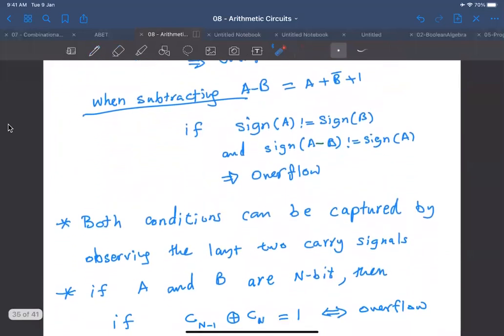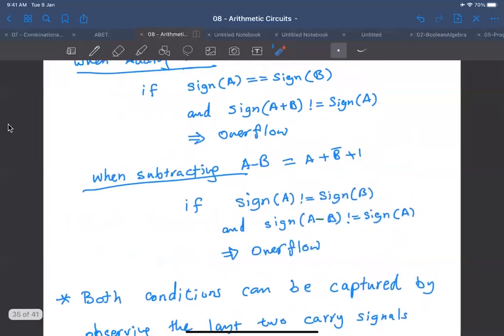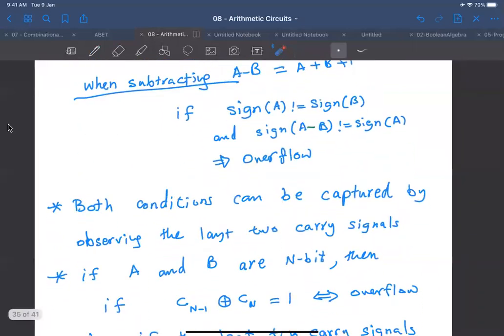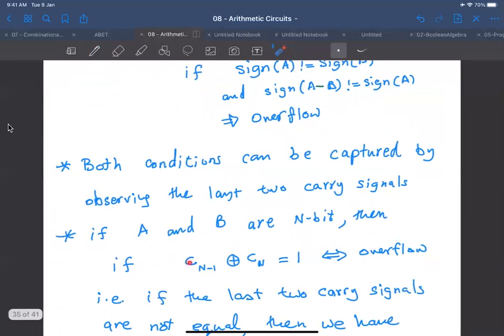So again, you can use implications and mathematical deductions and conclusions to come up with this test for overflow. If Cn minus 1 XORed with Cn, the last two carries XORed together, is equal to 1, which means they are different, then we have an overflow.